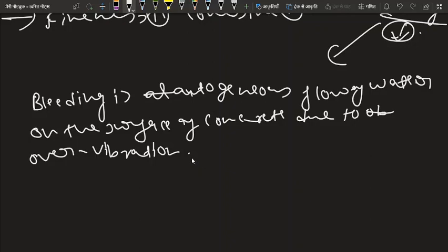Now the fineness test of cement is basically performed by two methods.